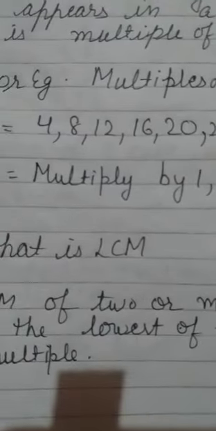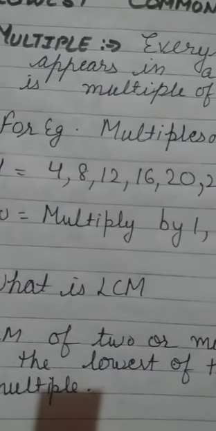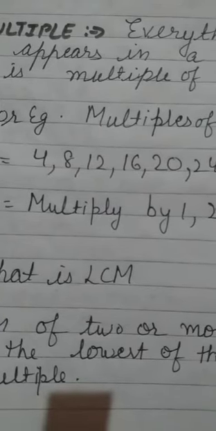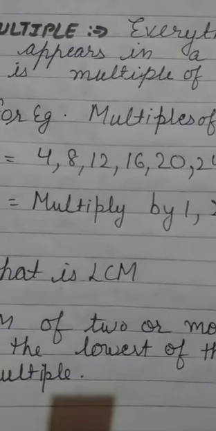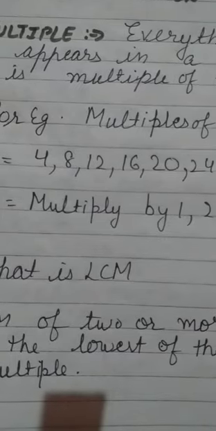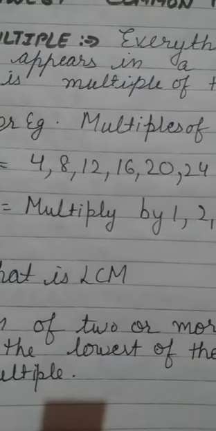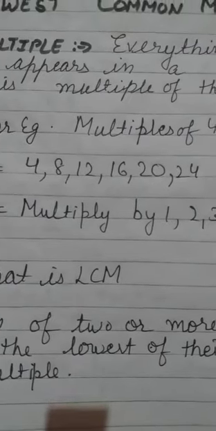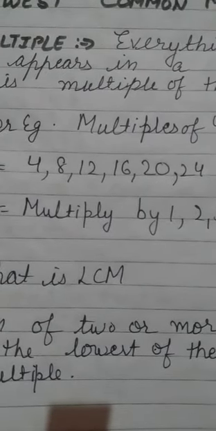In other words, LCM means least common multiple of any two numbers: the smallest number which is a multiple of both and is completely divisible by each of the numbers.